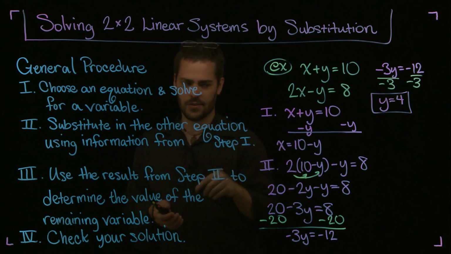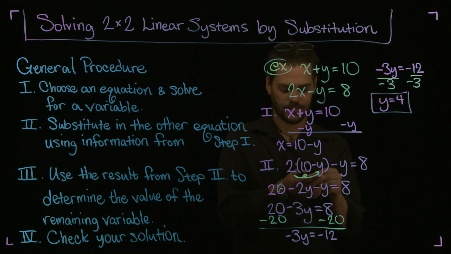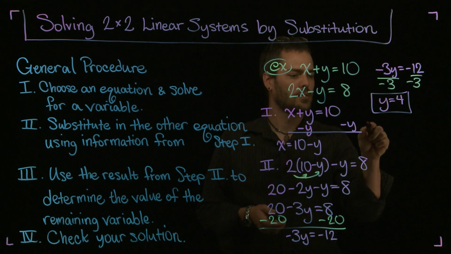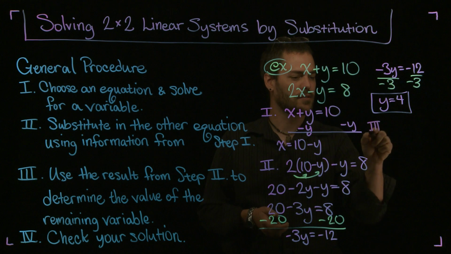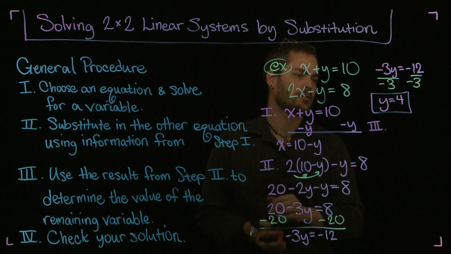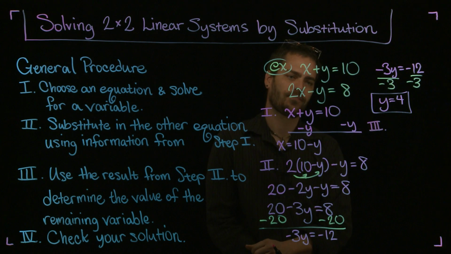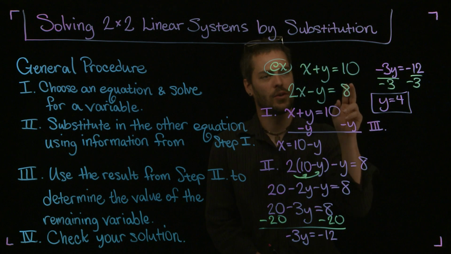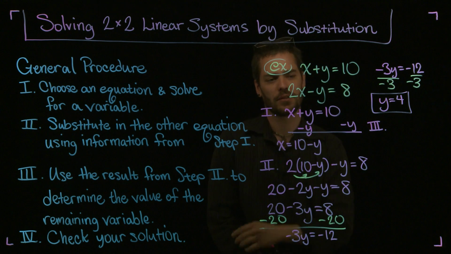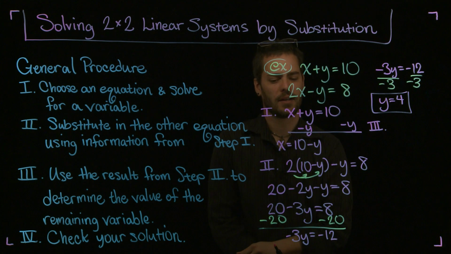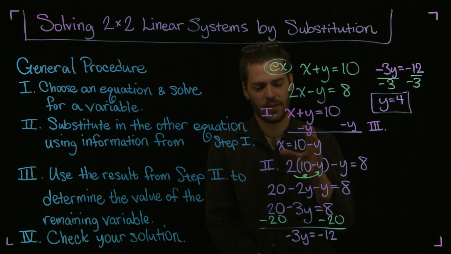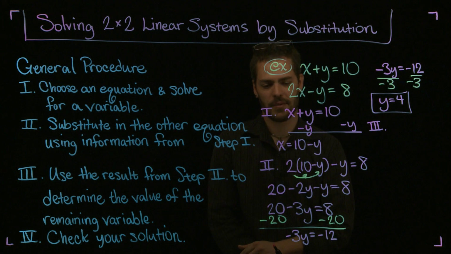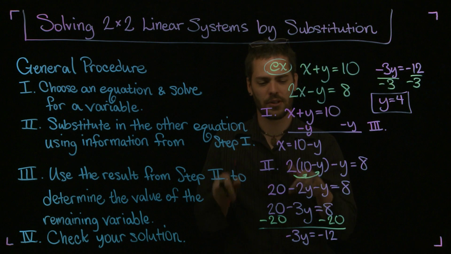Step number three is use that to find the other variable. Boy, we're in a crunch here for space. For step number three, it doesn't really matter where you plug this 4 into. What I mean is, you can plug that into either one of those original equations, and that's okay. Previously, when you're doing your original substitution, it really does matter that you flow information from one equation into the next.